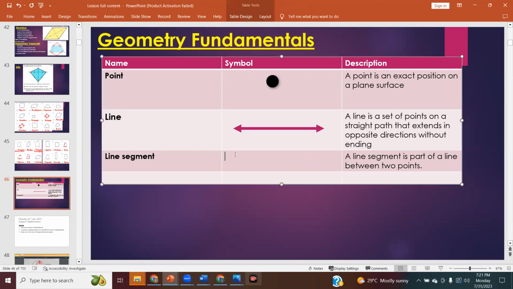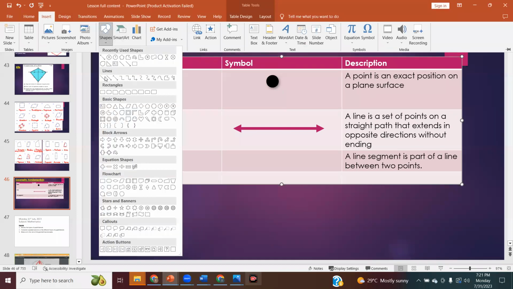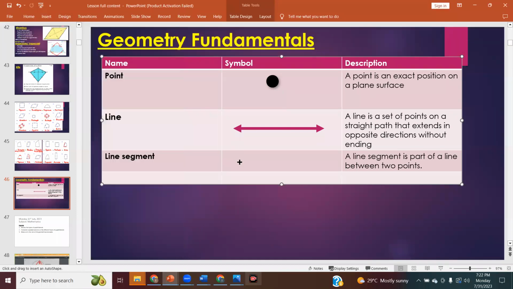That's why we say it's part of a line. The reason why we say it's part of a line is that, again, the line doesn't have a start and a stop. It just continues, all right?